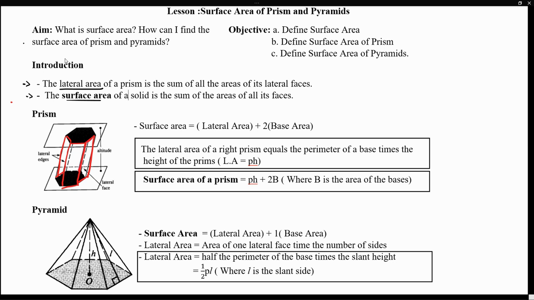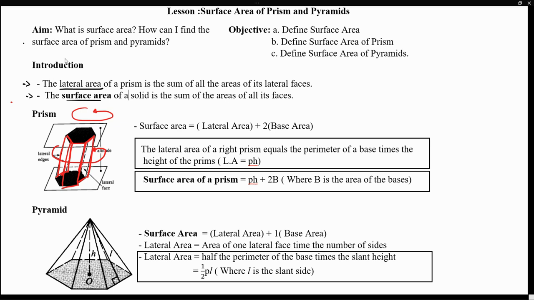Here we have the back. Here would be another lateral face, and here another lateral face. If we add all the possible sides that surround this prism, that's what we refer to as the lateral area. It's just the sum of the areas of the figures that surround the prism in a horizontal way.